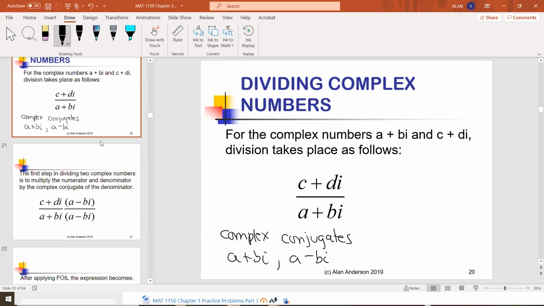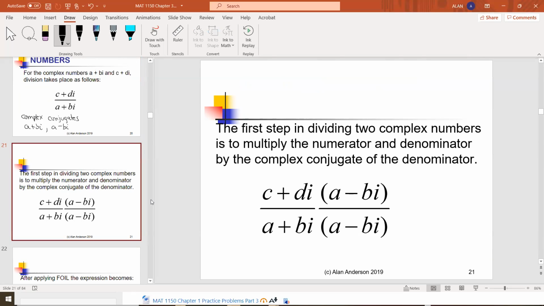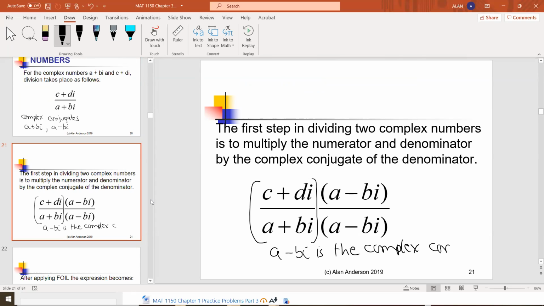So our strategy is to take the original expression and multiply it by the ratio of a minus bi over a minus bi, because a minus bi is the complex conjugate of the denominator over here, a plus bi.